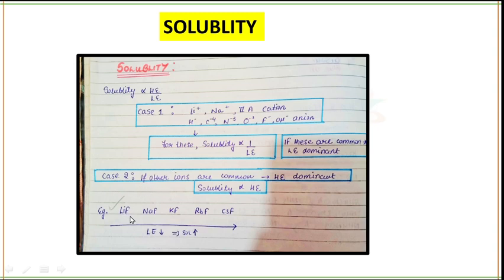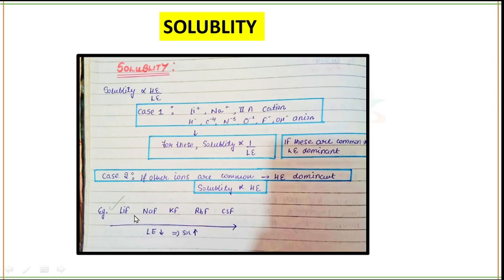First of all, you need to see which ion is common. As you can see, fluoride ion is common. And if the fluoride anion is common, then you need to put the formula as solubility is inversely proportional to lattice energy. As you know, in a particular group, as the size increases, lattice energy decreases.